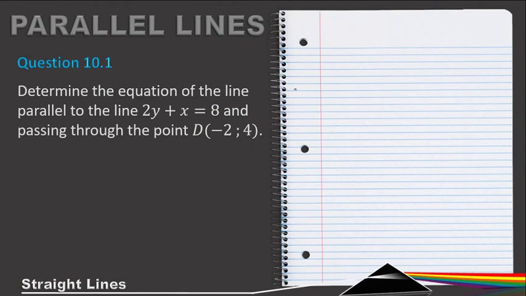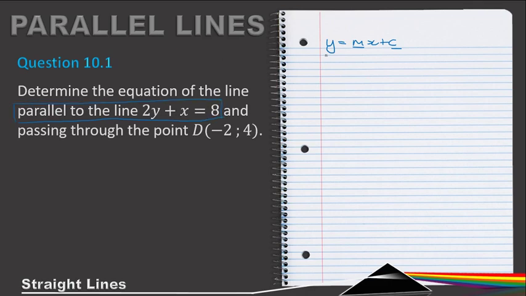Question 10.1: determine the equation of the line parallel to this line and passing through the point D. Right, so what do we want? We want y equals mx plus c, so we need to find the gradient and we need to find the c value. How do we find the gradient? We are given this piece of information: it's parallel to this line, which means that our gradients are equal.